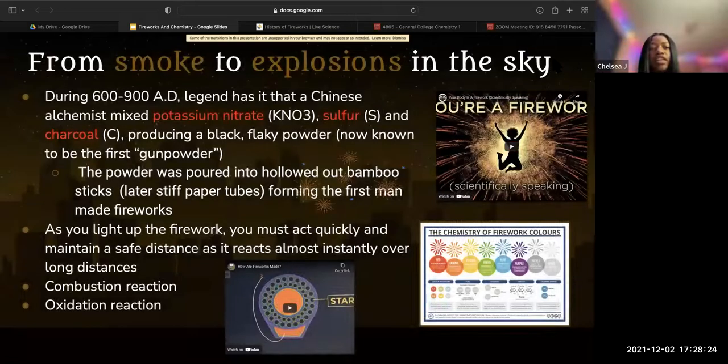In this slide, we're going to talk about the influence chemistry has on fireworks, how they start from ground level and how they end up in the sky when they explode.